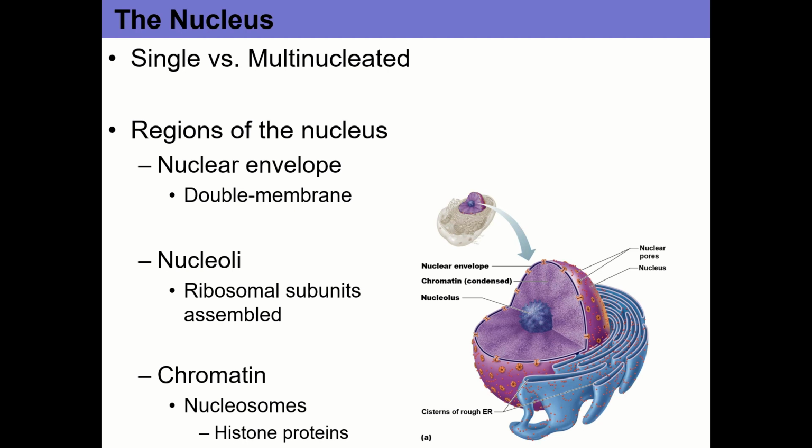So I mentioned that some cells have no nucleus, so the key example there is red blood cells. So red blood cells, their job, as we'll talk about later, is to transport oxygen. And so if red blood cells had a nucleus, well, that's going to take up a bunch of space inside of the cell, and that's less oxygen that individual red blood cell can carry.